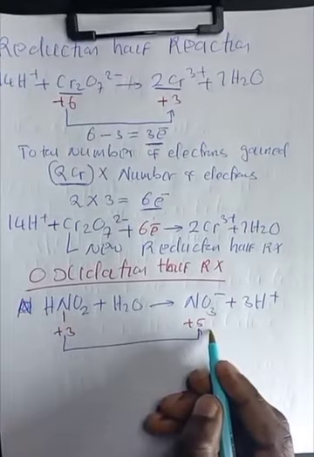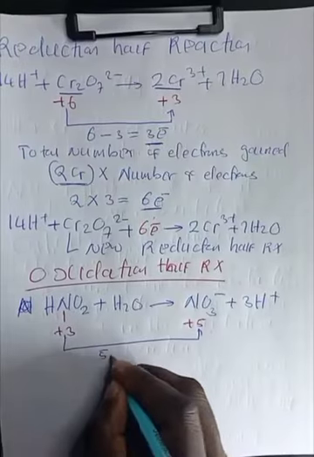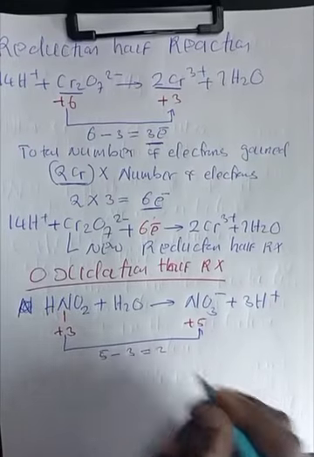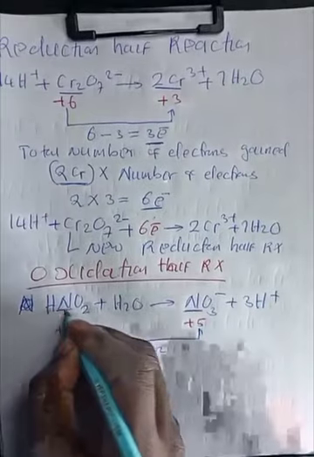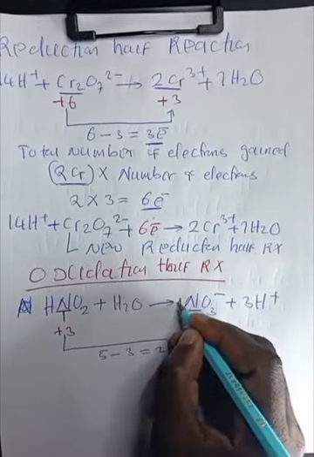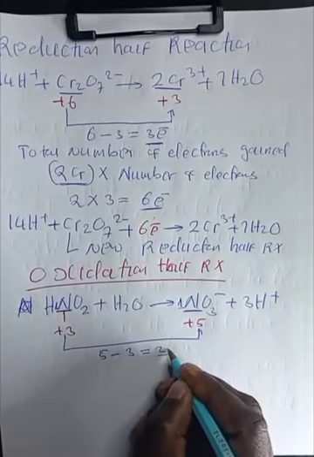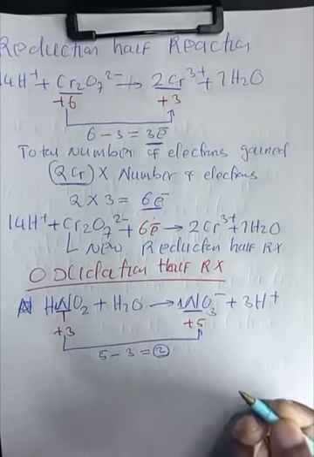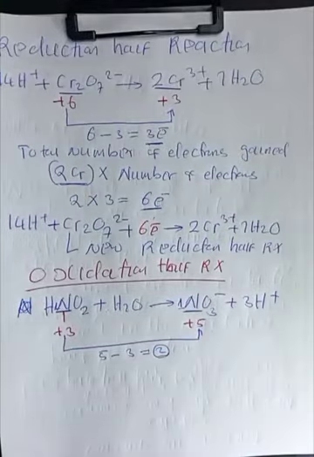There is an increase in the oxidation number by how many? So it's 5 minus 3. The answer is 2. But now we check it. We only have one nitrogen. So 1 nitrogen multiplied by 2, we just get a 2. Meaning in this case we just have 2 electrons here.